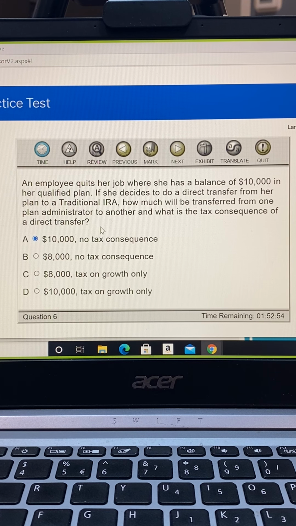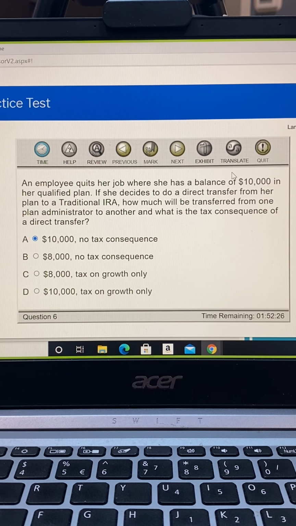Because the tax on an IRA is deferred? No. The reason is because it's a direct transfer. The money is going from her old company directly to the new investment company, the money manager, the IRA.